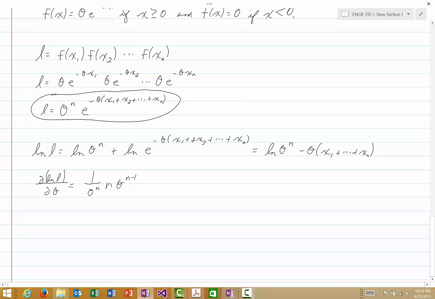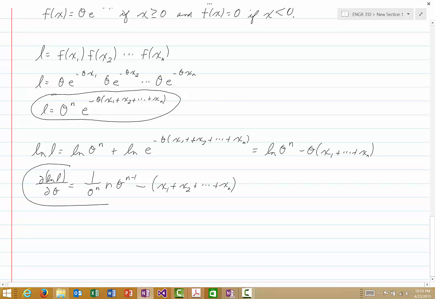And so now, this term right here, as we've already said, is the derivative of the first term, and the derivative of the second term with respect to theta is trivial. The derivative of minus theta multiplied by this with respect to theta is just minus of that. So we have minus x1 plus x2 plus dot dot dot plus xn.